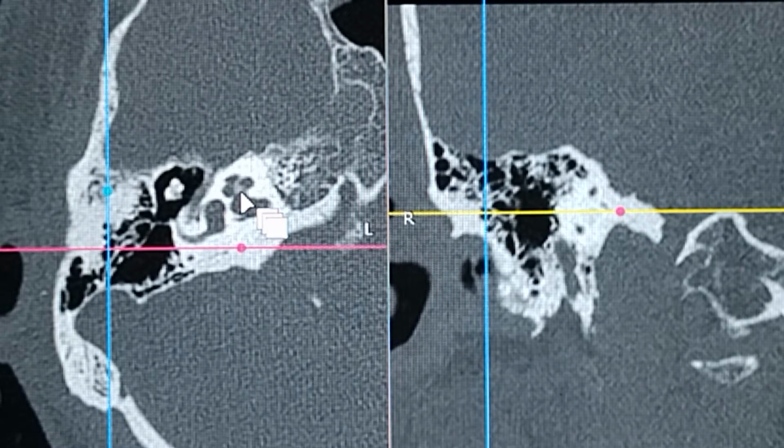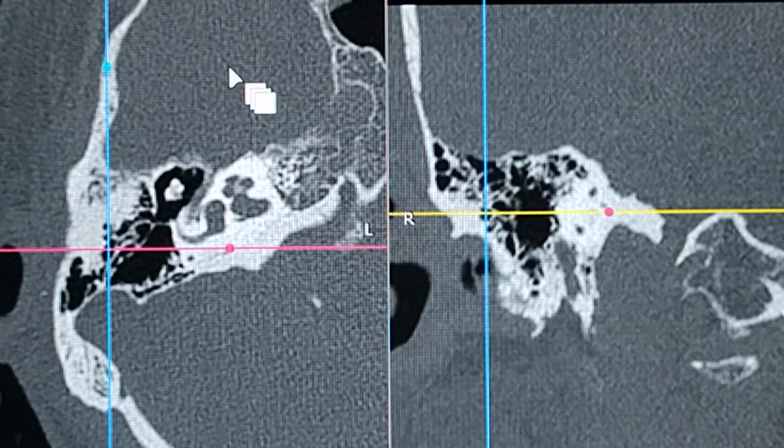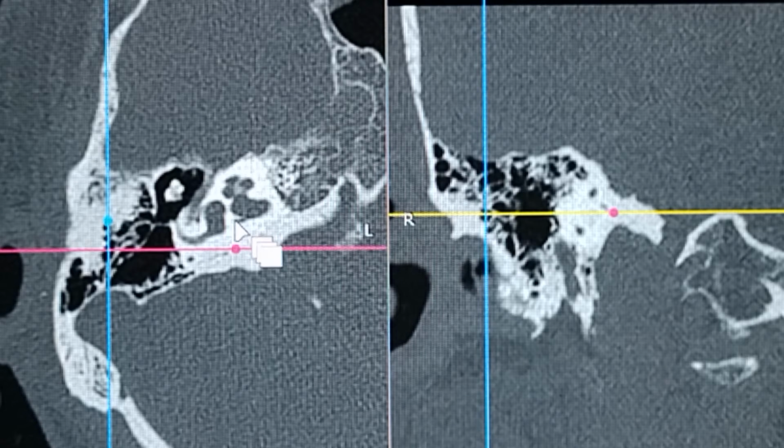Now what about the posterior inferior content? As we know, this is more anterior and this is posterior. So anteriorly we have the cochlear nerve right there, and posteriorly we have the inferior vestibular nerve right there. This is the vestibule. That's the lateral semicircular canal coming into the picture right now.